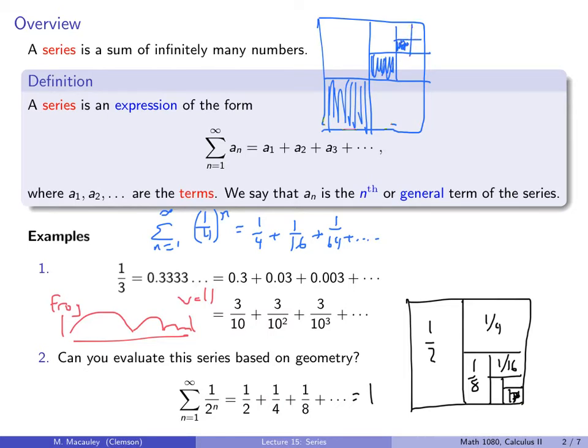So hopefully you can see why the area of this one is 1/4 of the original area. The area of this is 1/16. This area is 1/64, and so on.